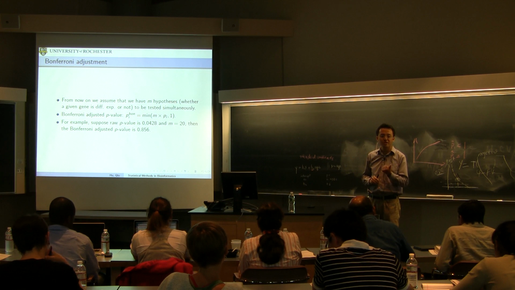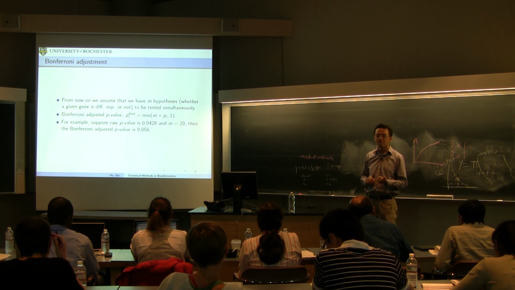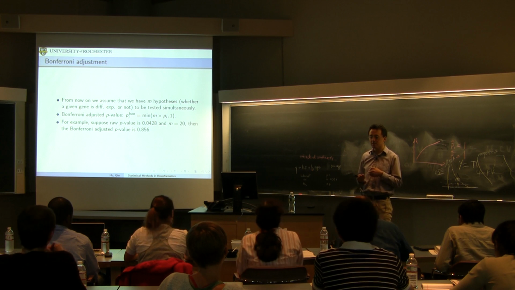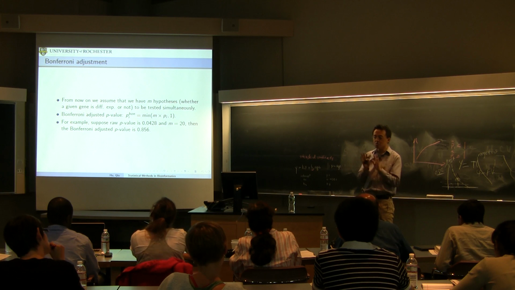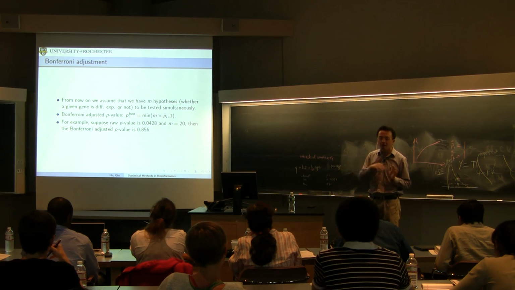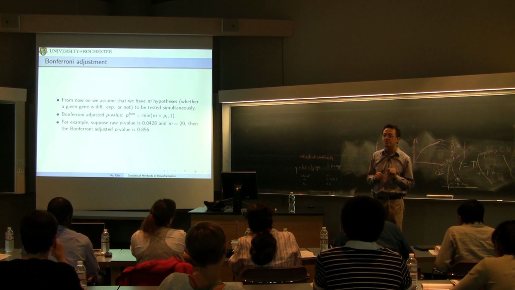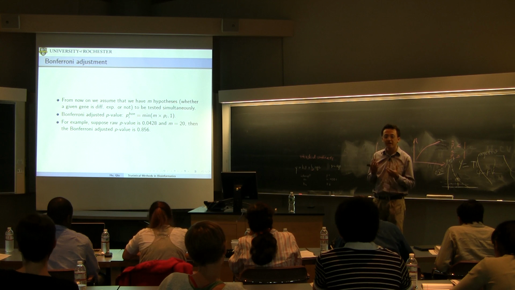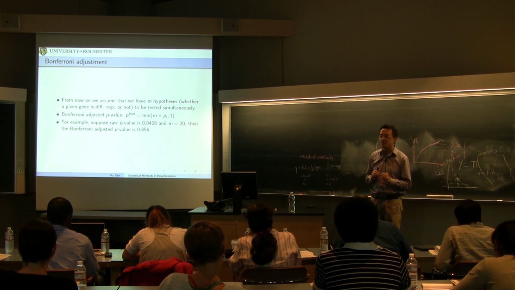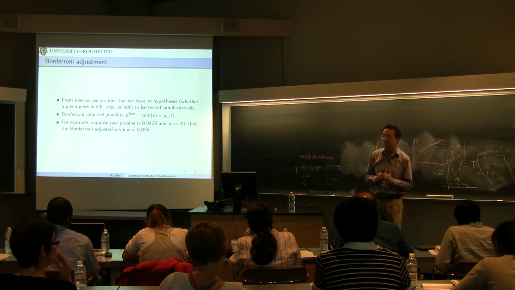That is going to result in low power. So statisticians invented ANOVA so that you can only look at whether they are different. You don't care which groups they are different in. You just look across all groups if they are different. If they are, then you can go ahead to say which groups they are different in. That's the whole purpose of the ANOVA.